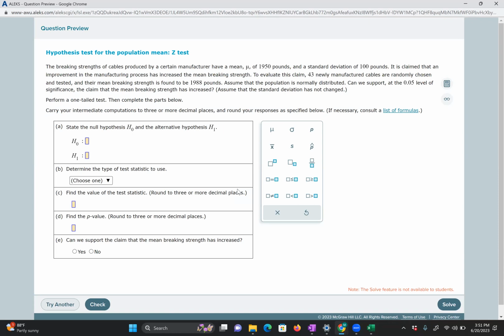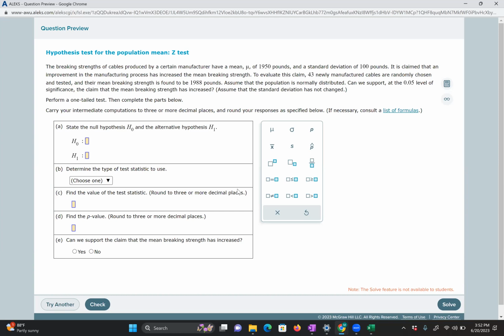So this is saying that the breaking strengths of cables produced by a certain manufacturer have a mean mu of 1950, standard deviation of 100. It is claimed that an improvement in a manufacturing process has increased the mean breaking strength. To evaluate this claim, 43 newly manufactured cables are randomly chosen and tested.